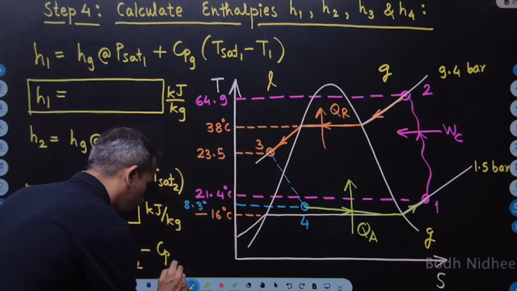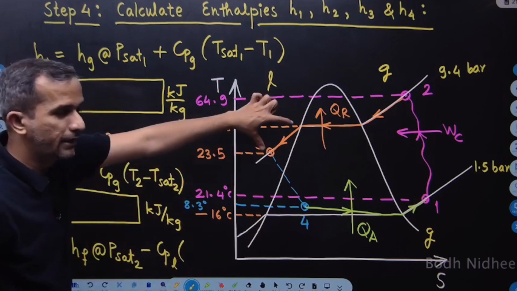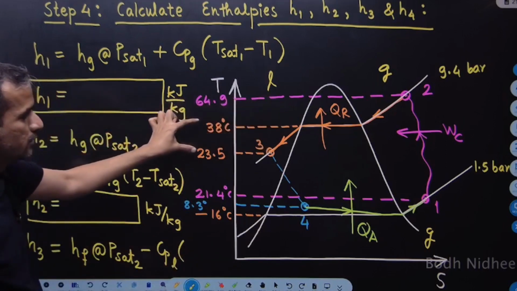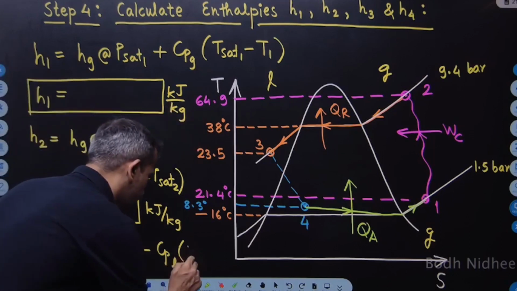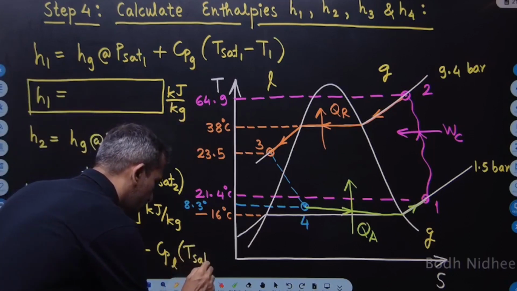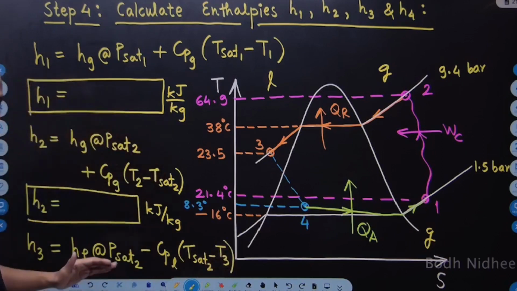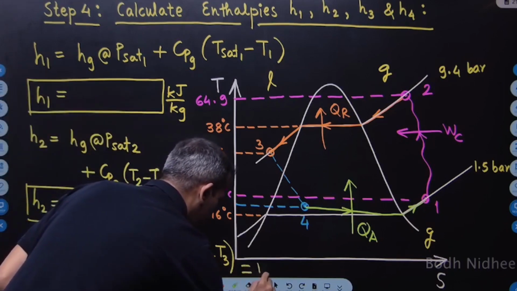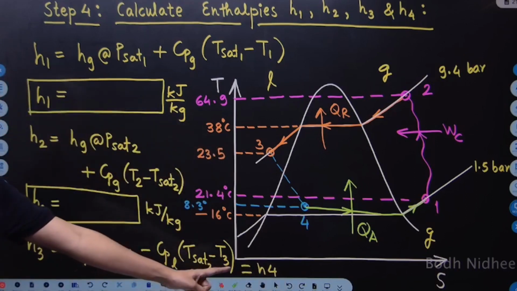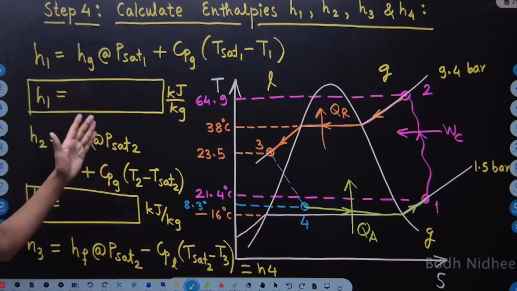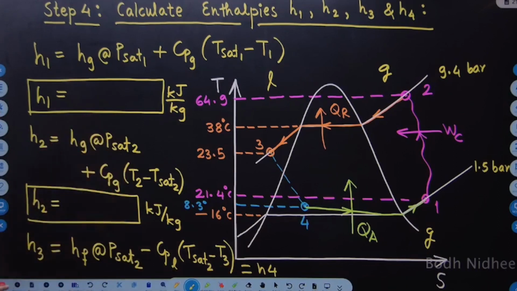So Cp of liquid, and delta T will be the degree of subcooling. How much? Tsat2 minus T3. This is part of thermodynamics from phase change phenomena of pure substances. Now we know that H3 is the same as H4. So once we get H3, you will get H4 as well. Do these calculations now with your own calculator and find the answers.